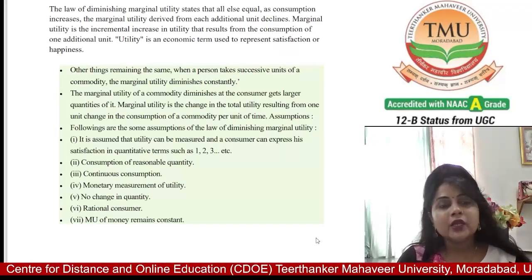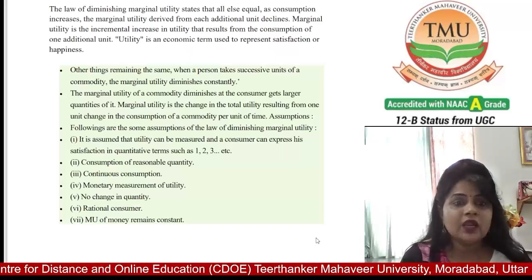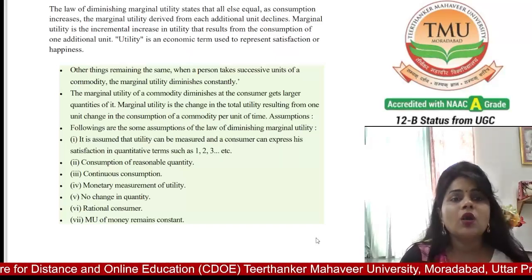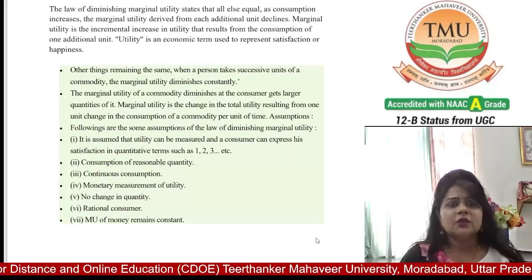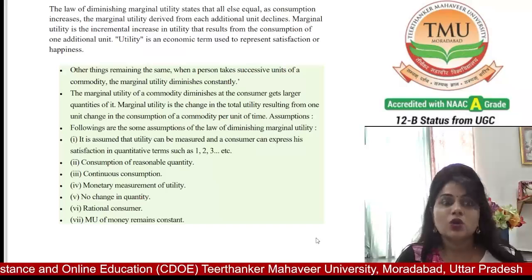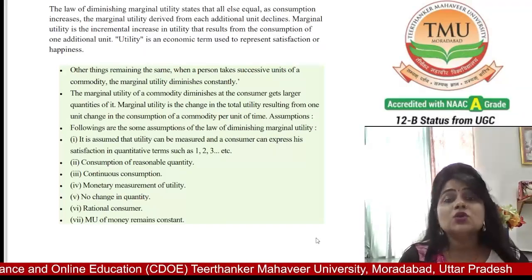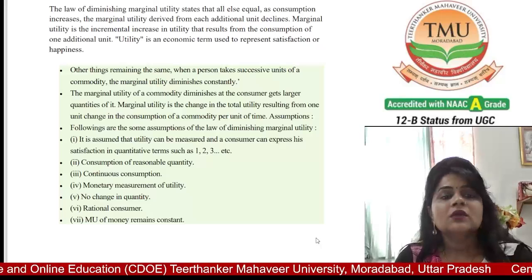The law is universally applicable and applies to all products and services. It was initially proposed by a German economist, H. Gossen. Thus, it is also known as Gossen's first law of consumption.